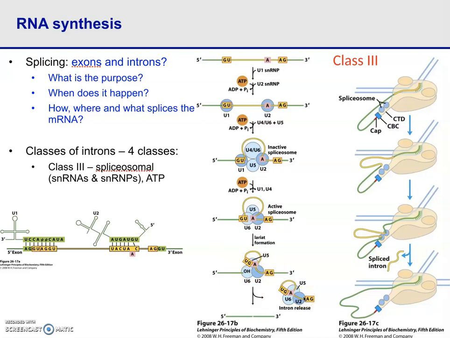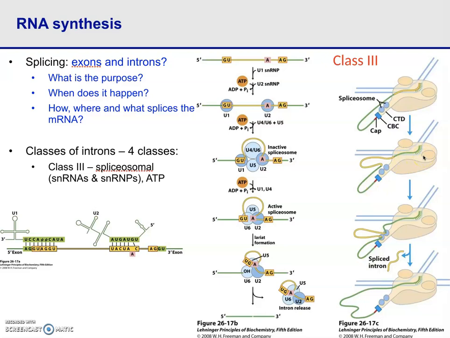One thing I forgot to mention is that class 1 and class 2 introns are independent of ATP, whereas these are dependent on ATP. This diagram describes when the splicing happens. As you can see, it happens while transcription is occurring.